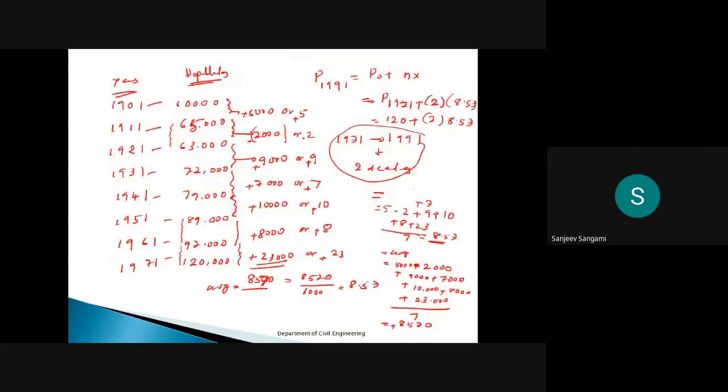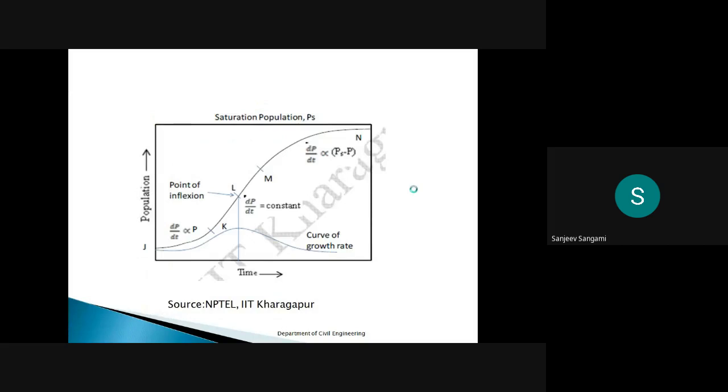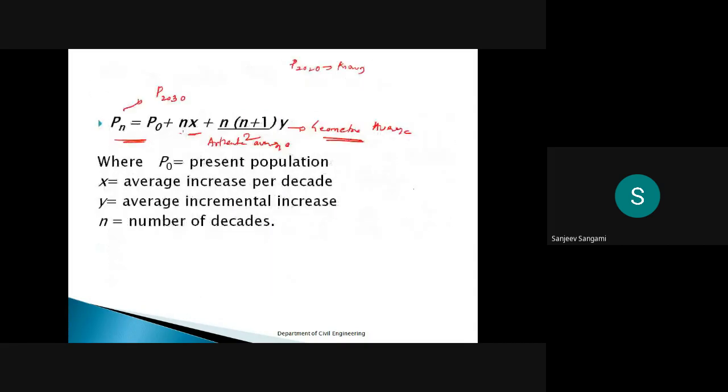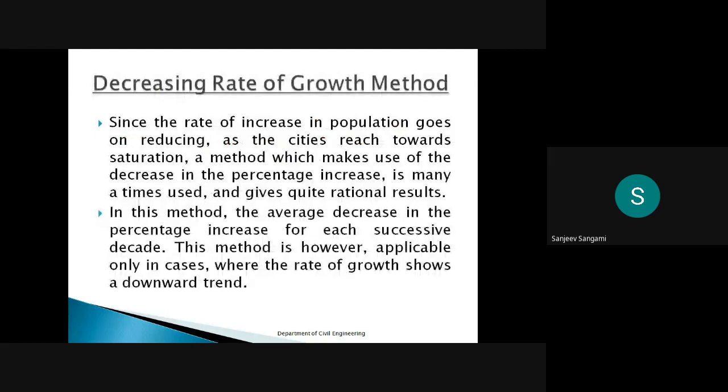Other than this, some very simple methods are available. That is the fourth method, the decreasing rate of growth method.